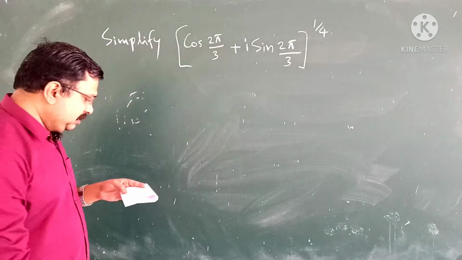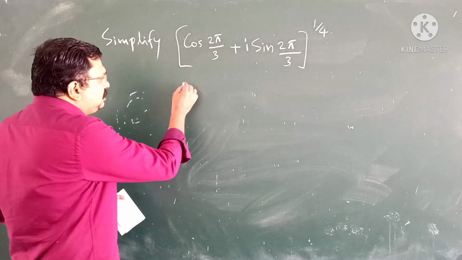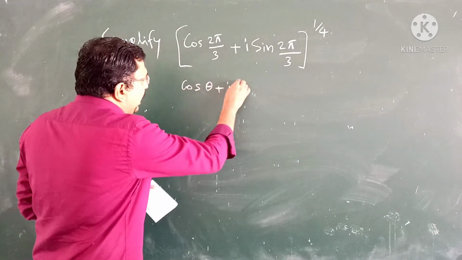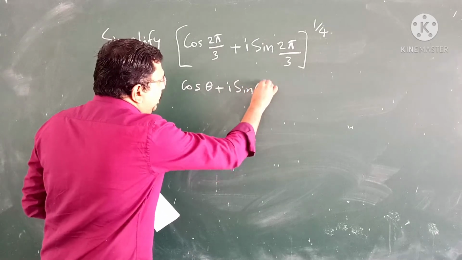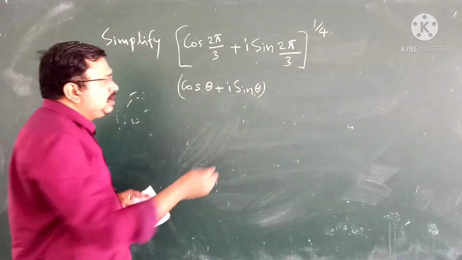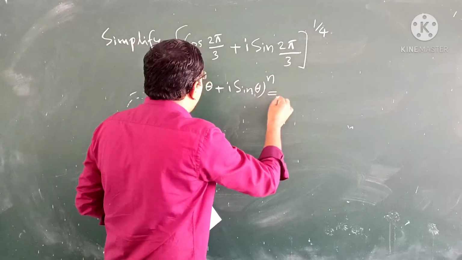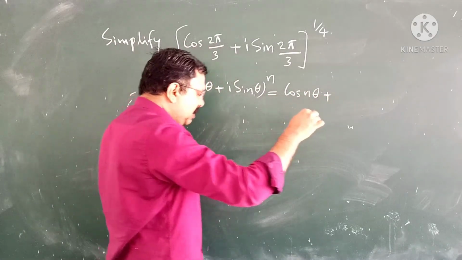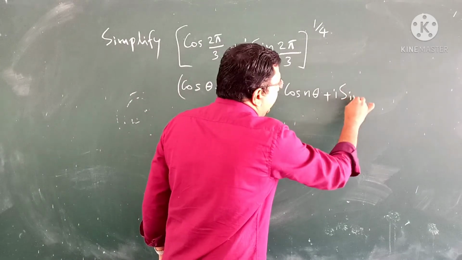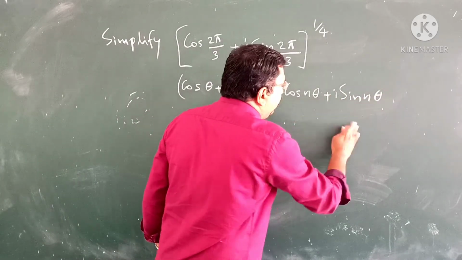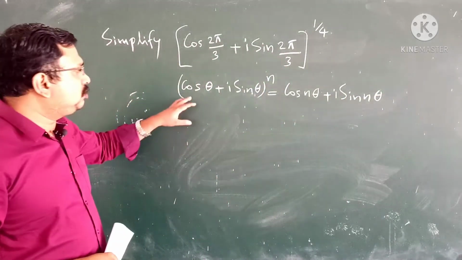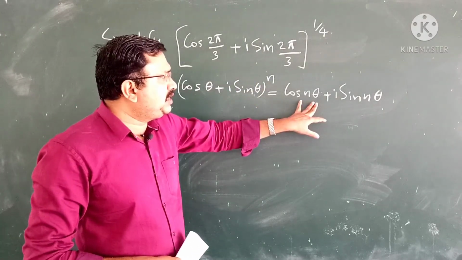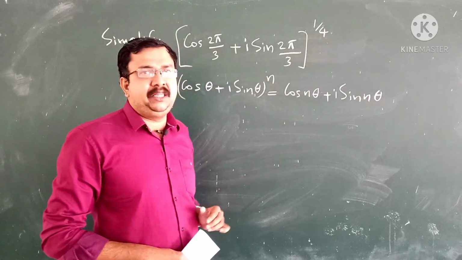De Moivre's theorem states that (cos theta plus i sin theta) the whole raised to n equals cos n theta plus i sin n theta.